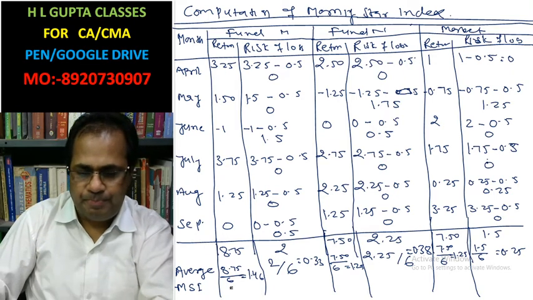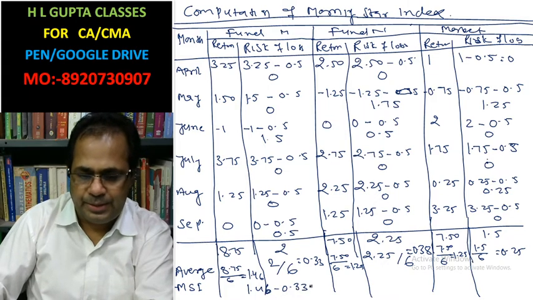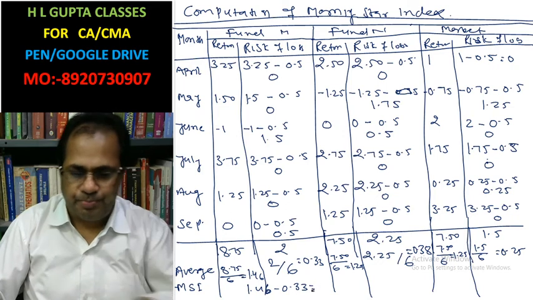So what will be here? 1.46 minus 0.33, this is 1.13.